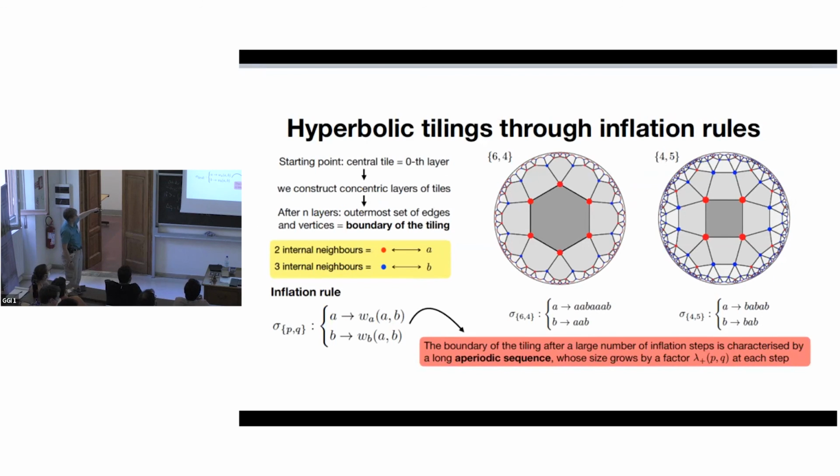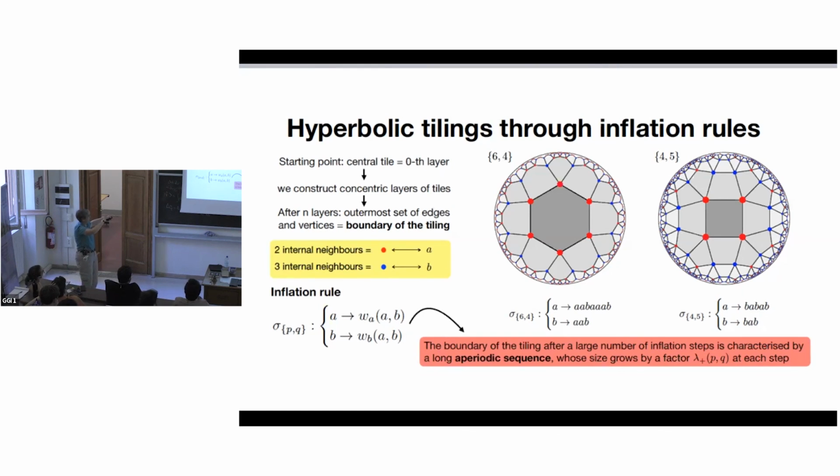There's a particular rule that if you have a node with two internal neighbors, you assign it the letter A. Then looking at this tiling, these blue dots also belong to the same tiling. If you zoom in a little more into my figure, you see that they have three internal neighbors.